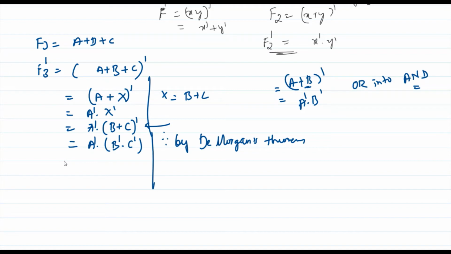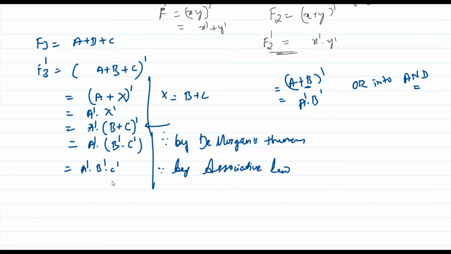Now we have already discussed laws like the associative law and the commutative law. So I can write this as a prime dot b prime dot c prime by which law? That is the associative law, right?